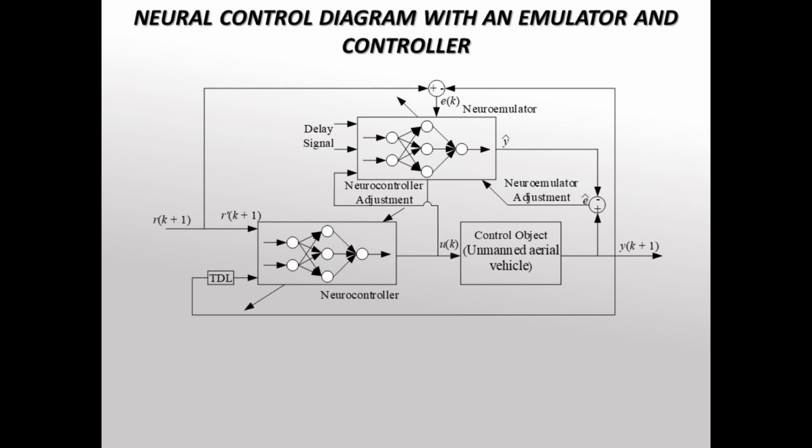The neural controller training method based on a neural emulator using the method of backpropagation of the error is described. For training a neural emulator that is based on the RMLP neural network, a gradient training algorithm is used.